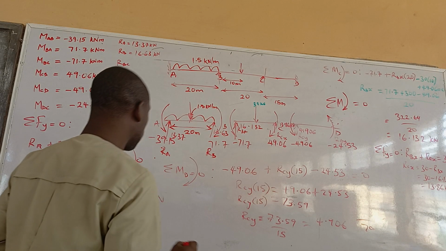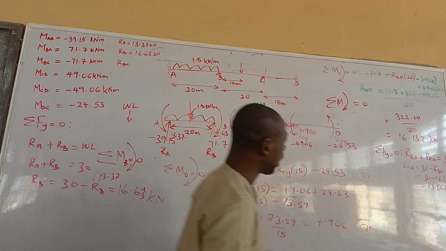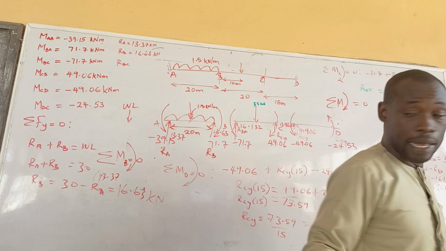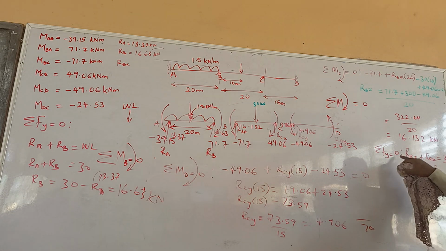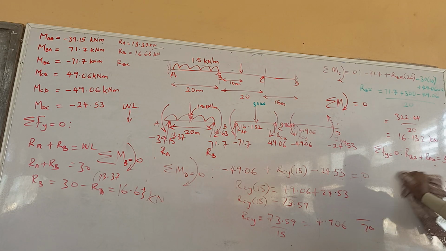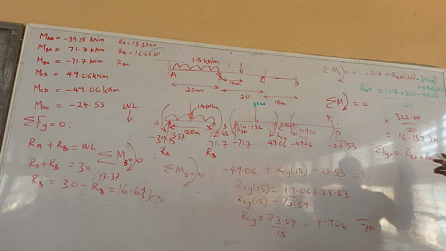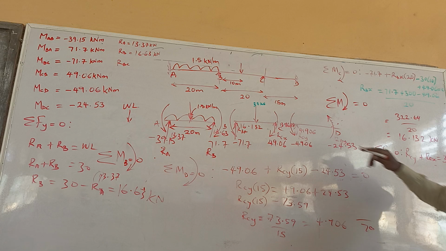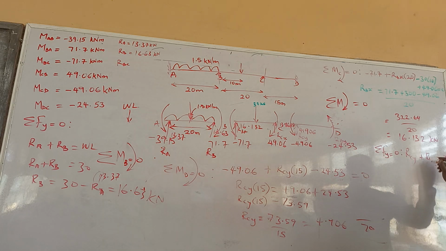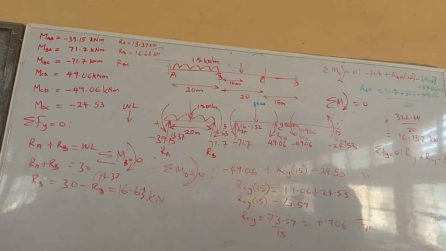Now, the same thing we have been doing. Summation of moment and summation of forces along the y axis to be equal to 0. Can I erase this? Now, let us look at the summation of forces along y to be equal to 0. So what will I have here? I will have something like RCY plus RDY to be equal to what? 15?